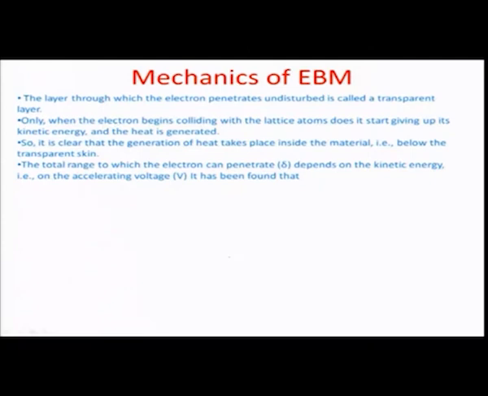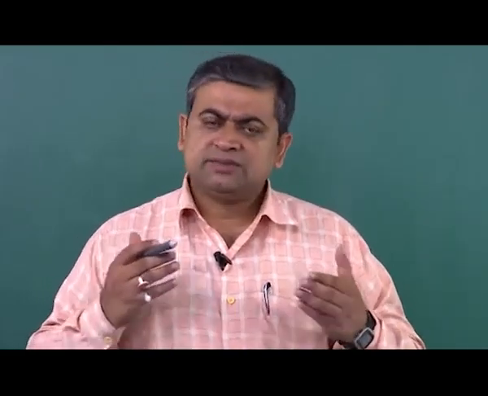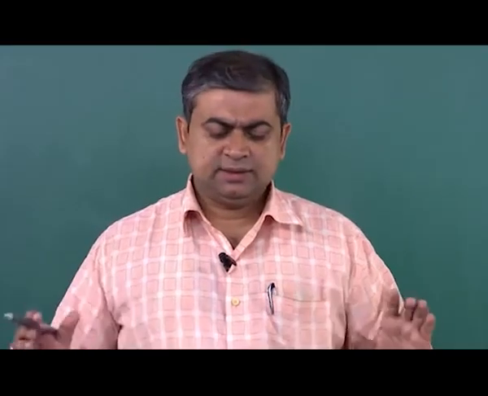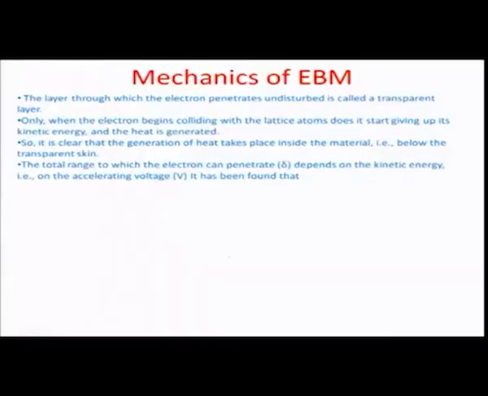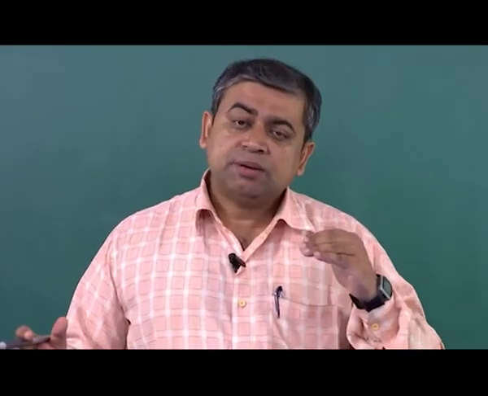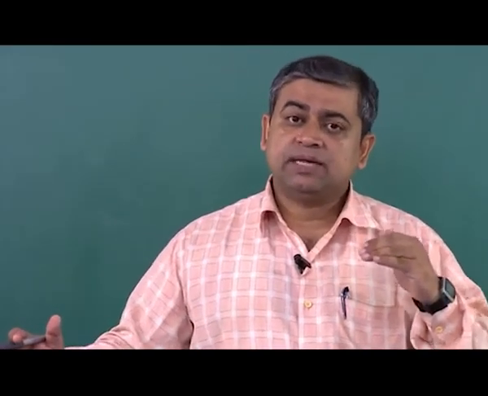So, the electron finally, after the beam transparent layer is crossed over, collides with lattice atoms and imparts vibrations onto these atoms, due to which there is an increase in thermal energy because of random lattice vibrations occurring in a certain region. This however happens beneath the skin, also called the beam transparent layer.